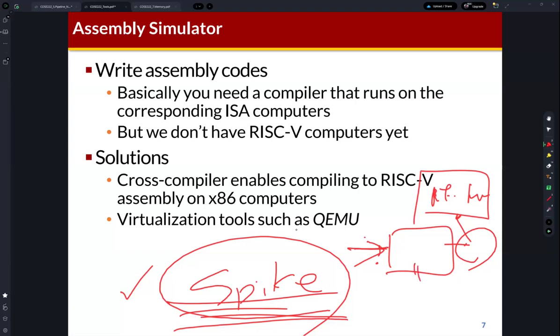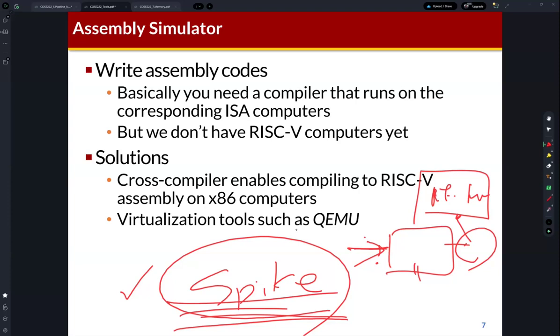It's software. Using Spike, we can execute RISC-V instructions and verify our RISC-V binaries. Even though we do not have real RISC-V processors, Spike can emulate the behavior of a RISC-V processor. So this is the simulator.